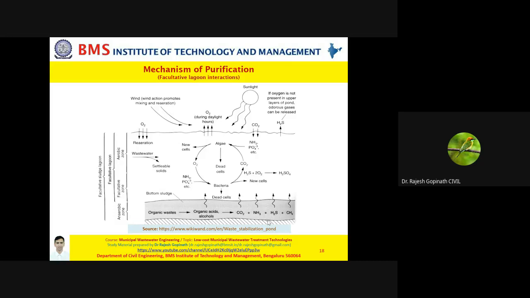all the organic matter, all the waste impurities, organic in nature, are converted from a complex form into carbon dioxide, hydrogen sulfide, ammonia, and methane. Please note these are gases, and these gases will escape into the atmosphere.